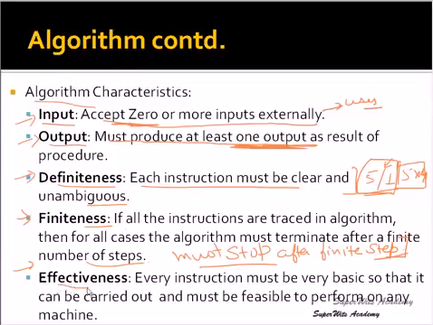Okay. Next is effectiveness. Every instruction must be very basic so that it can be carried out and must be feasible to perform on any machine. This is a little bit technical. When you start working on C programs, you will get to know that there are some expressions which are very complex, right?